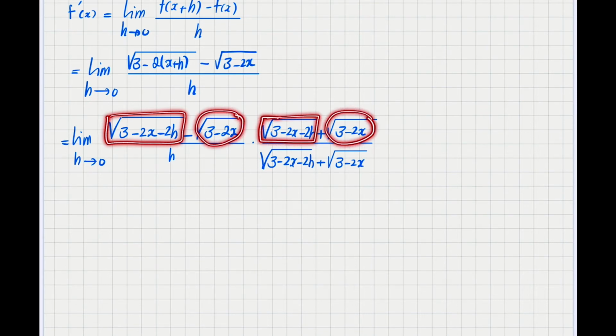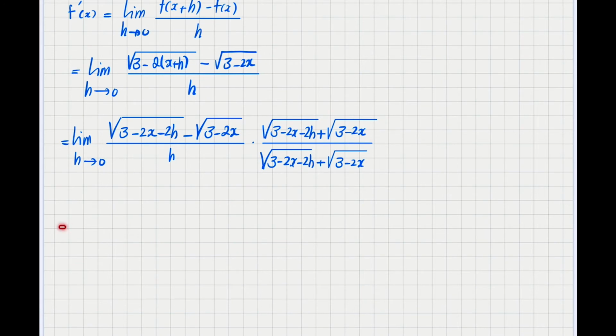This is the square minus the circle times the square plus the circle. So this gives me the limit, the first one to the power 2, which will remove the square root sign, minus the second one to the power 2, which will remove that square root sign as well.